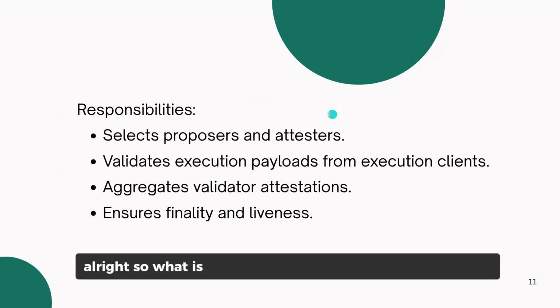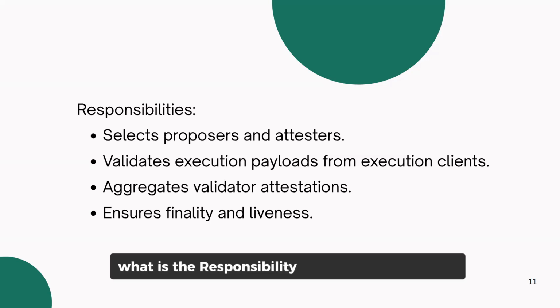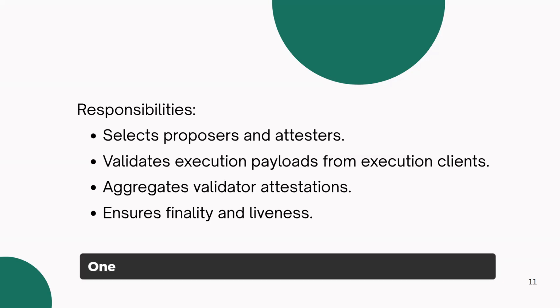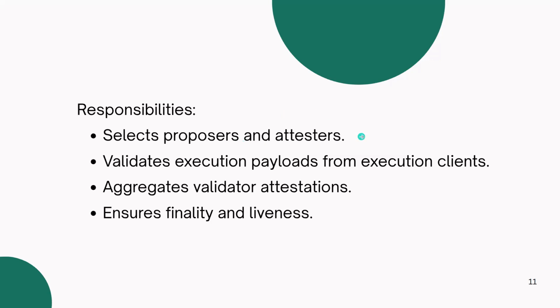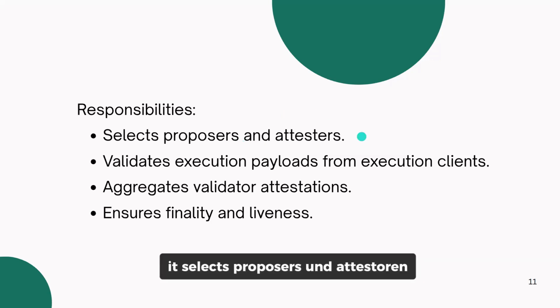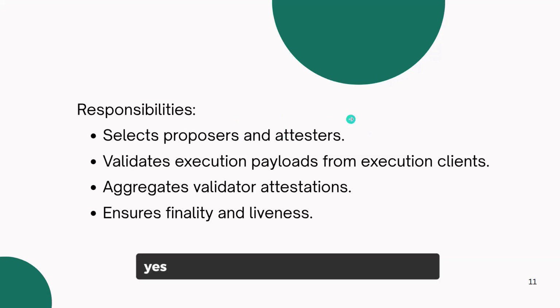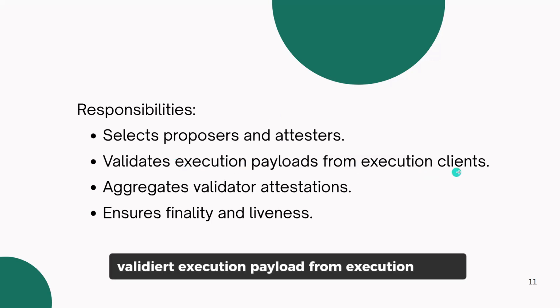All right, so what is the responsibility of the consensus layer? One of the responsibilities of the consensus layer is that it selects proposers and attesters. These proposers are validators. You can see in the next line, validators validate execution payload from the execution client.